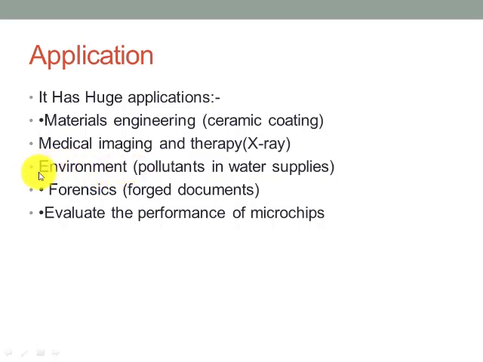Synchrotrons can also be used for forensic studies, such as the aging of stones and paintings, or material modifications. So different forensic studies can be documented with the synchrotron beam. Synchrotron radiation can also be used to evaluate the performance of microchips. So it's a long subject, the applications of the synchrotron.